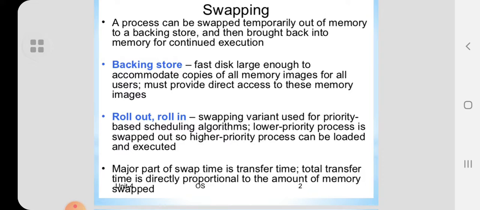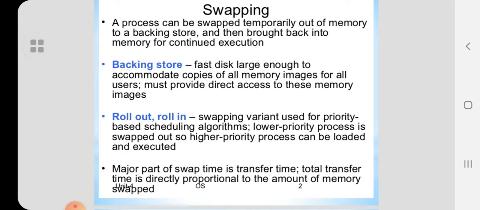The backing store: swapping requires a backing store. The backing store is commonly a fast drum or disk. It must be large enough to accommodate copies of all memory images for all users and must provide direct access to these memory images.